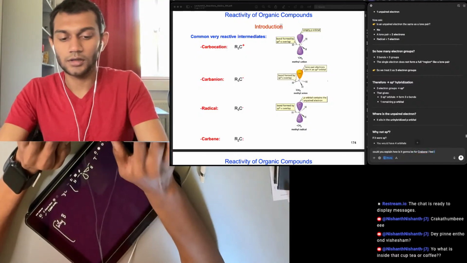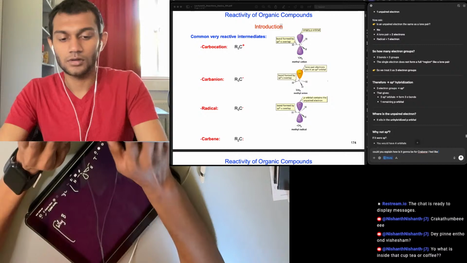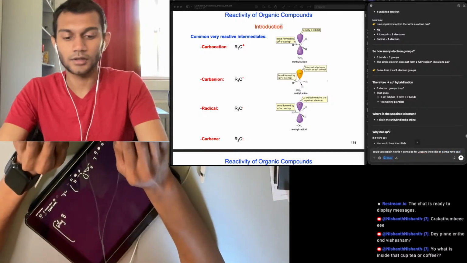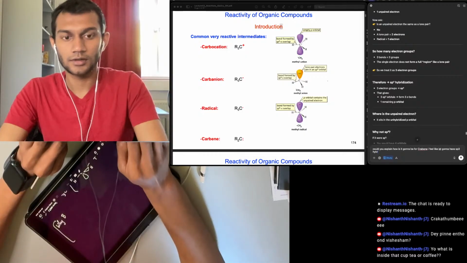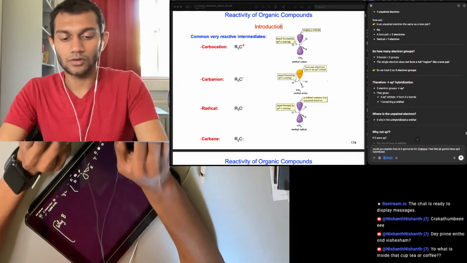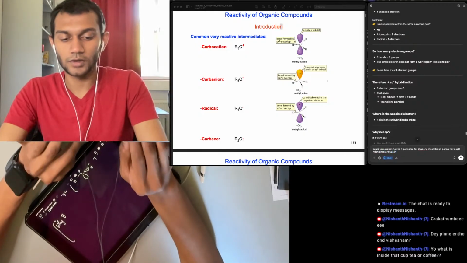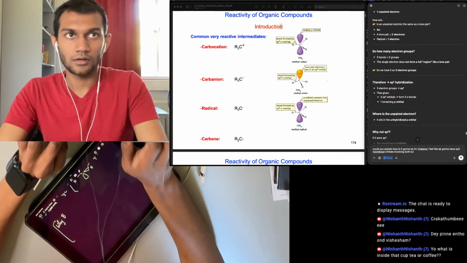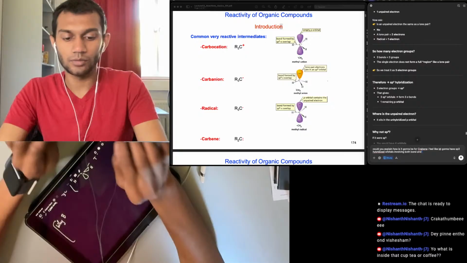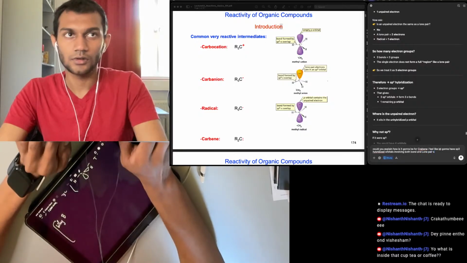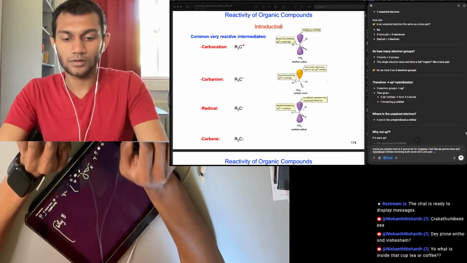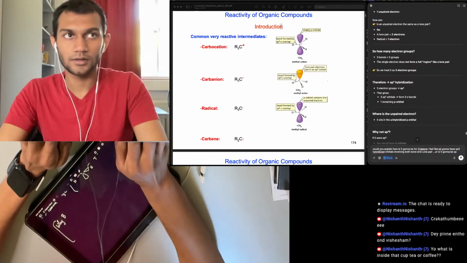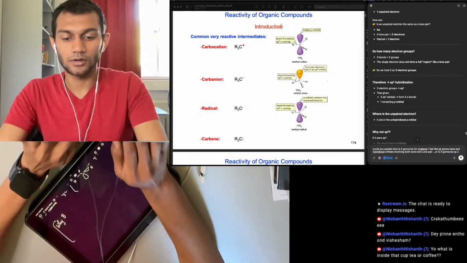I feel like it's going to have sp3 hybridized orbitals involving both bonds and lone pairs. Or is it going to be sp orbitals?